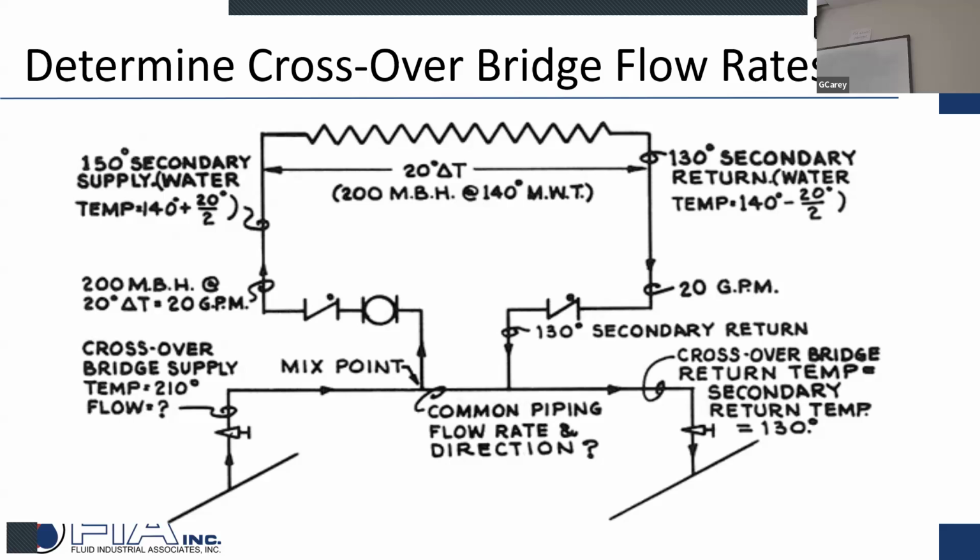How am I going to get that 200 down to 150? I've got to return water back with the 210 to get to 150, right?